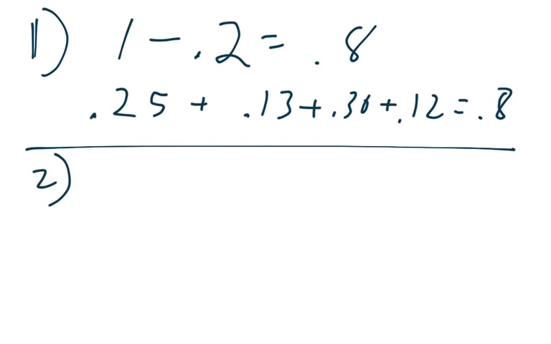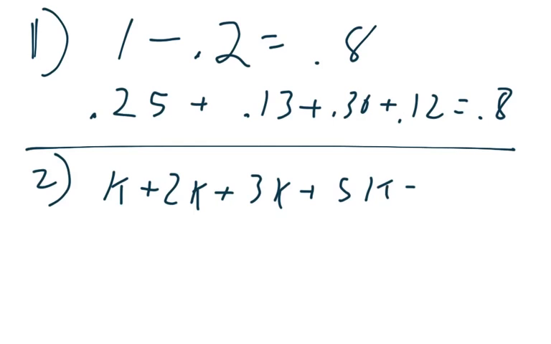For problem number 2, we need to take all of the k's we have and set them equal to 1. So, turns out that 11k equals 1, which means k is equal to 1 over 11.